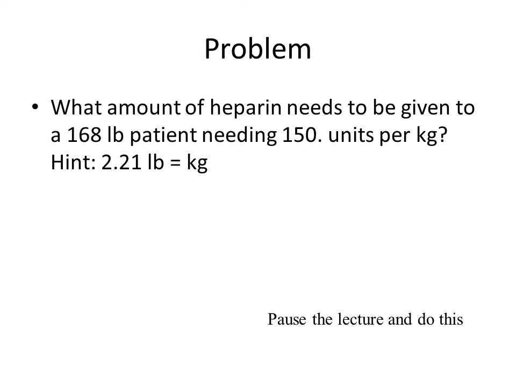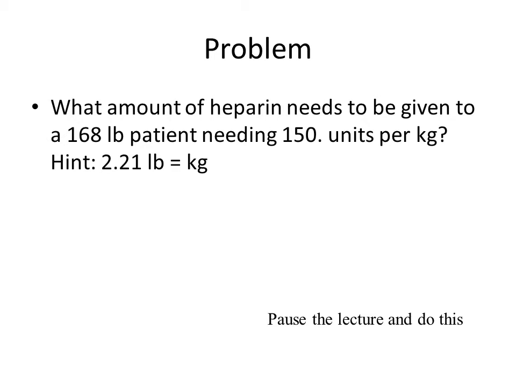So what the producers do is they measure what kind of biological activity this particular sample will have and then give it a rating of units for a certain quantity that they're giving to you. So if it says 150 units per kilogram, to do this problem, you're just going to write out the word unit and carry it through your math.